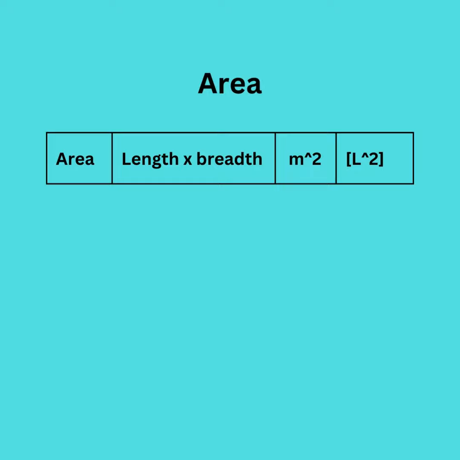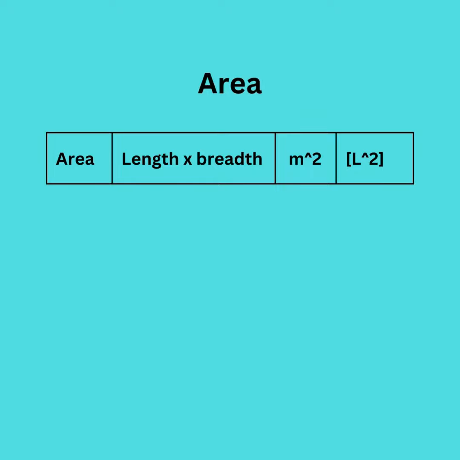So the dimension of area: we denote the dimensions of every physical quantity using square brackets, and length we denote with capital L. So area's dimensions are written in square brackets like this: L to the power of 2. Why is it raised to 2? Because we get area by multiplying length and again by length only.